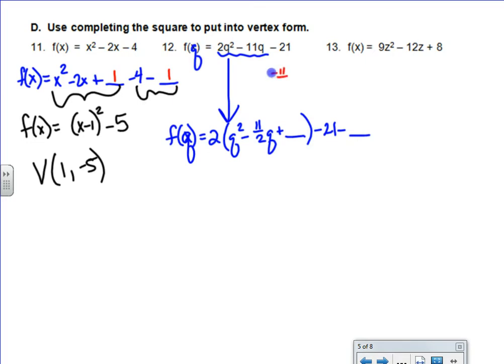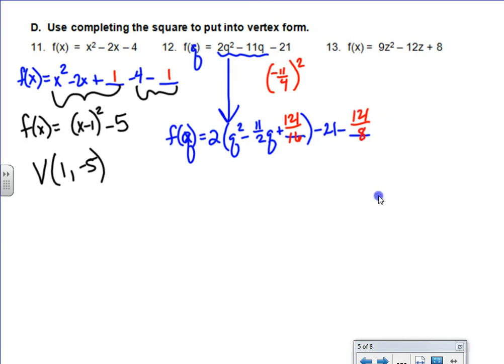So that'd be like negative 11 over 4, and then when I square that number, I get 121 over 16. Now, here's the catch. 121 over 16 is really being multiplied by 2. So I need to figure out what that number is, and that's what I have to subtract over here. So let's see, 121 over 16 would be 121 over 8 when I multiply it by 2.